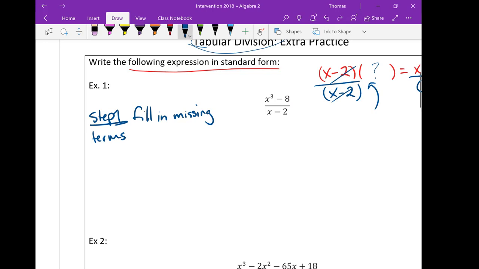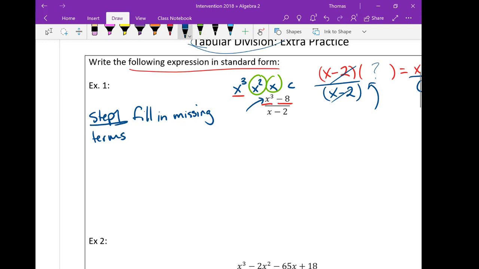So in this example, on top, we have a cubed term, x to the third. Now, in a full polynomial, there should be an x squared term after that, an x term after that, and then a constant term at the end. Here, we just have an x cubed term and our constant term. So to make our table work out nicely, we want to fill in those missing terms. We're going to need to fill in an x squared term and an x term.